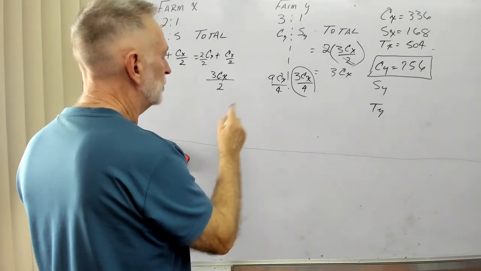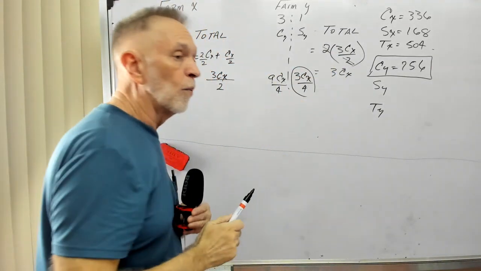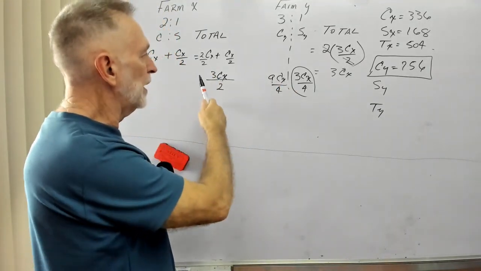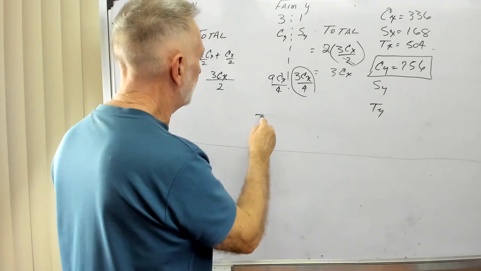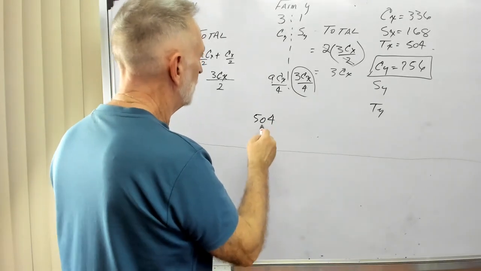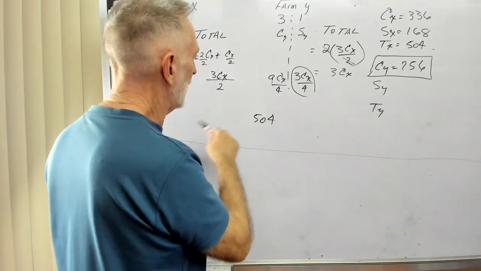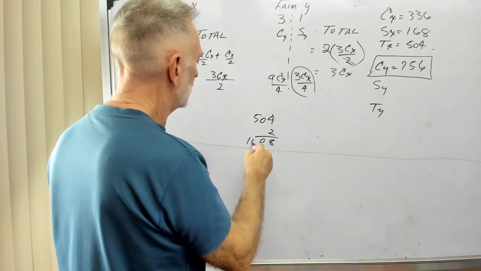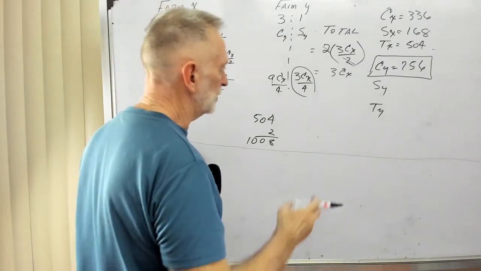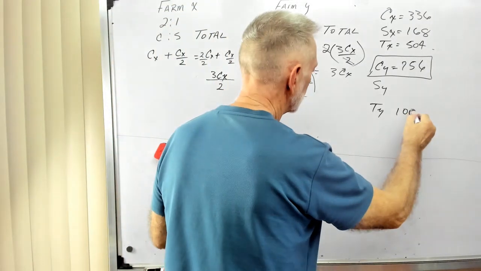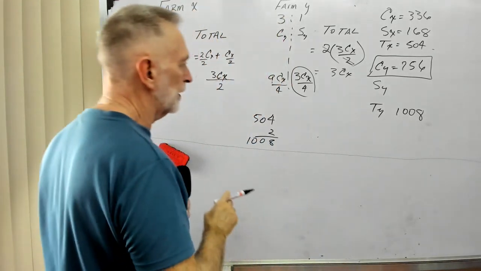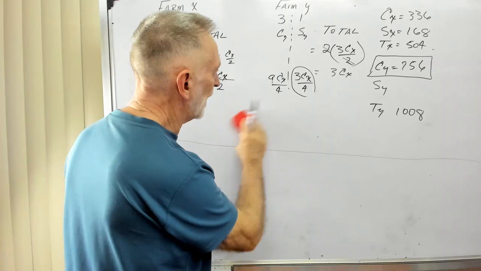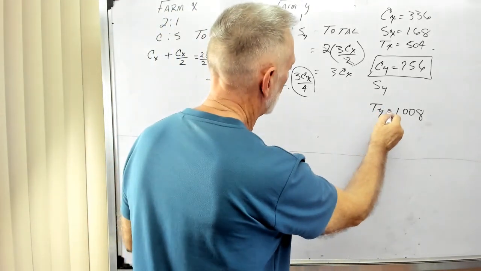So the total on farm Y was twice the animals as on farm X. So if I have 504 on farm X, 2 times that gives me 1,008. Okay. Now then, so I have 1,008 total animals on Y.